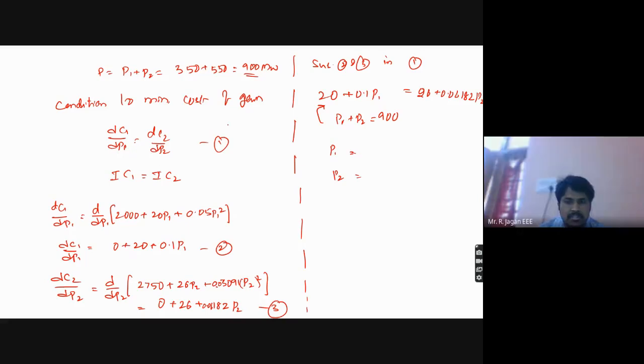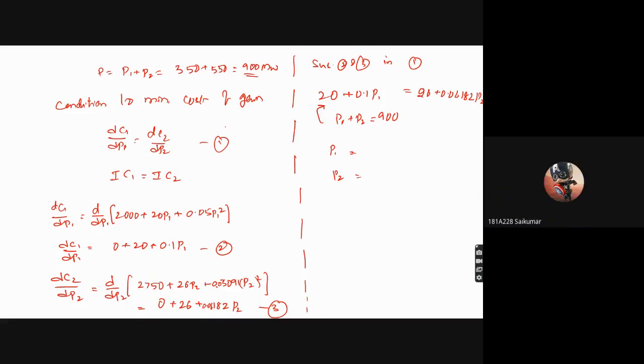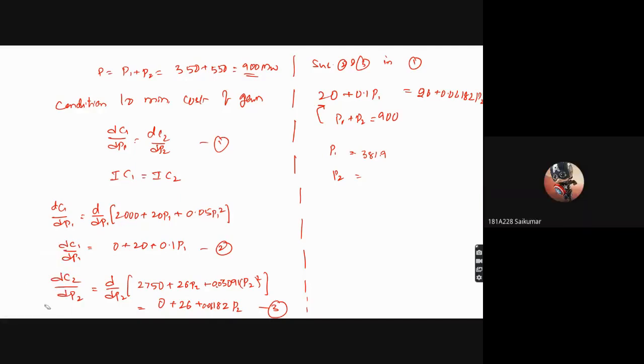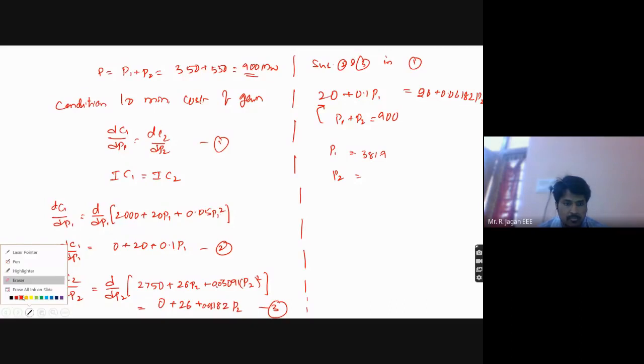P1 is 380.9. P2 is 519.09. It is in megawatts.